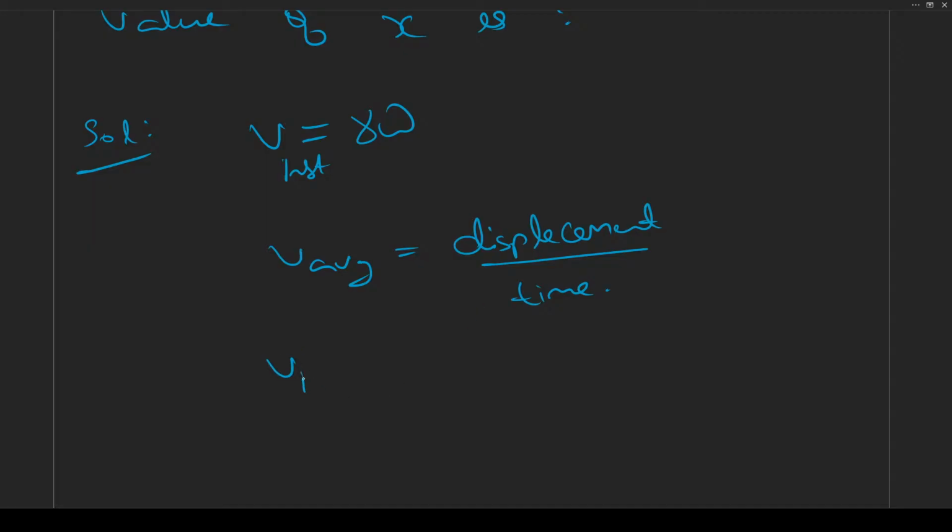Omega we can write as 2π by T, so V instantaneous is equal to R times omega, which is 2πR by T.